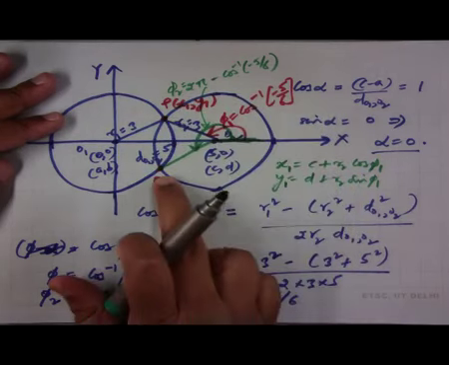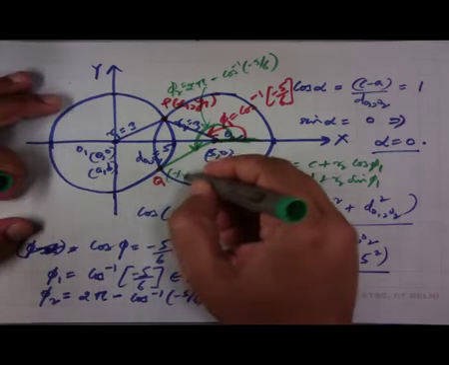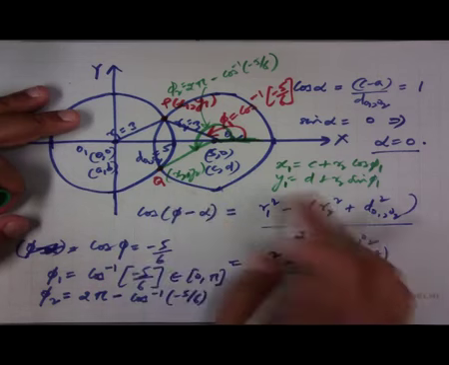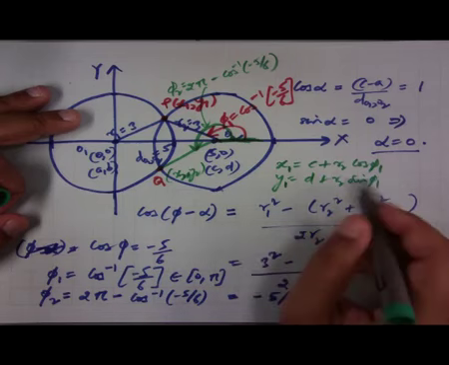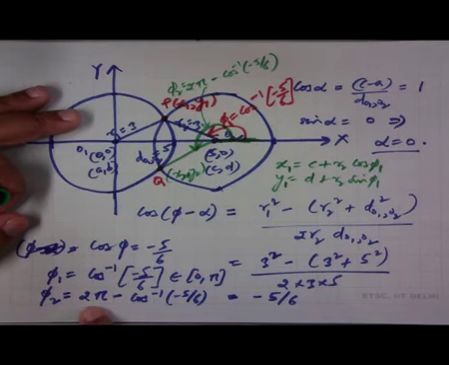Similarly, to calculate the coordinates of this point Q, which let us denote by x2, y2, the coordinates can be calculated in a similar manner, but instead of phi 1 we will have phi 2 there, where phi 2 is 2 pi minus cos inverse of minus 5 by 6.